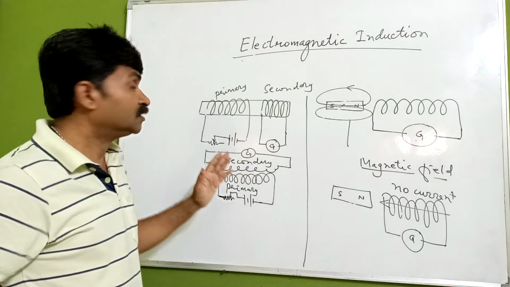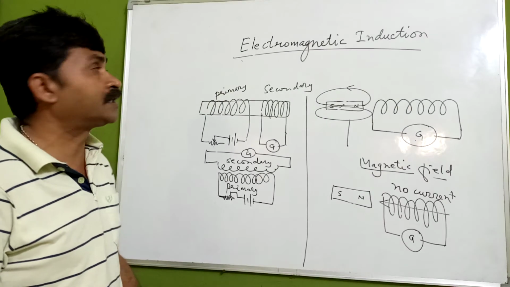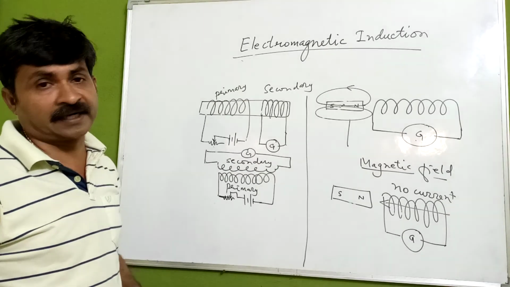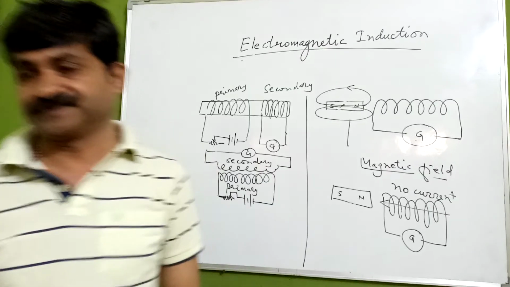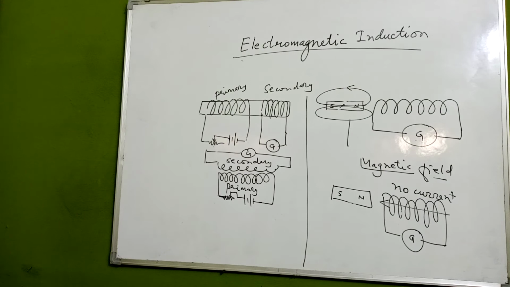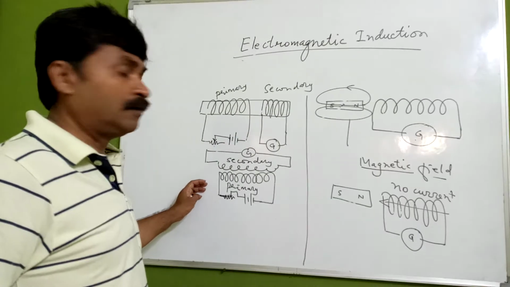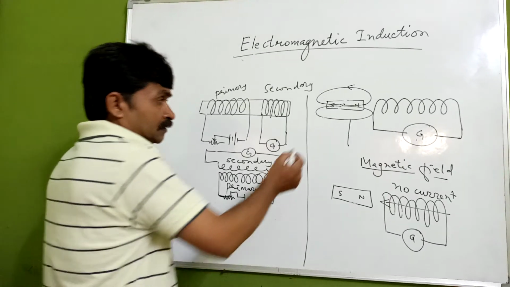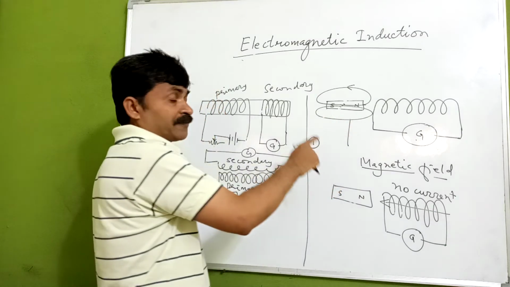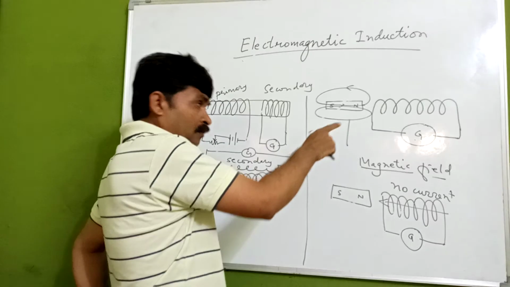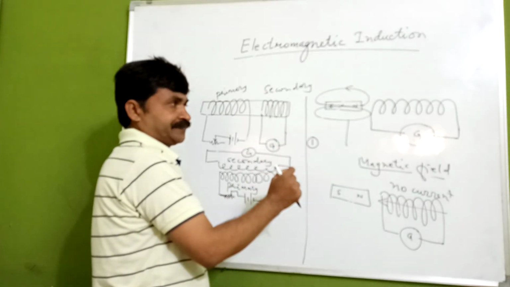So we can go through it, and this was observed by Faraday, and he has given Faraday's law of electromagnetic induction. Now, Faraday gave the law, and first we can say there is an EMF induced in the coil if there is a change in the magnetic field lines.